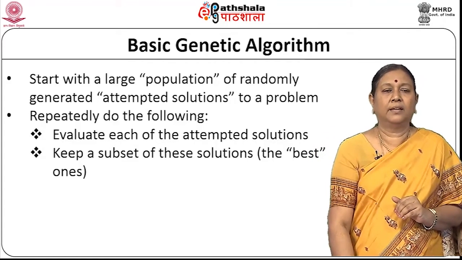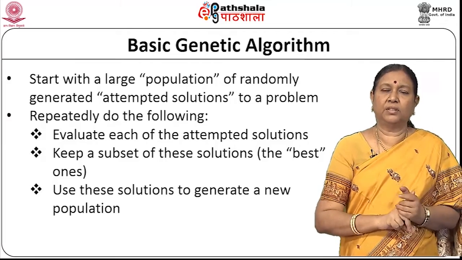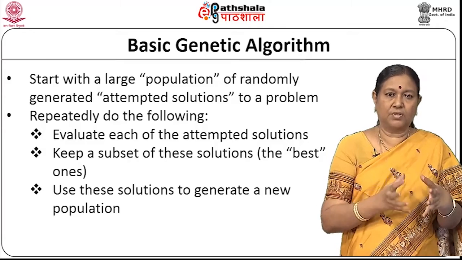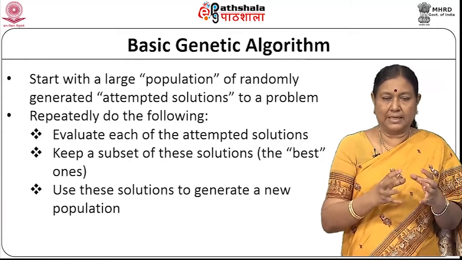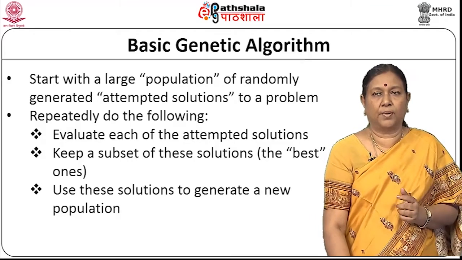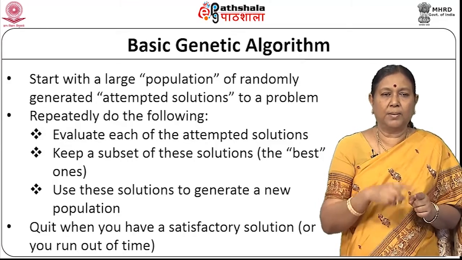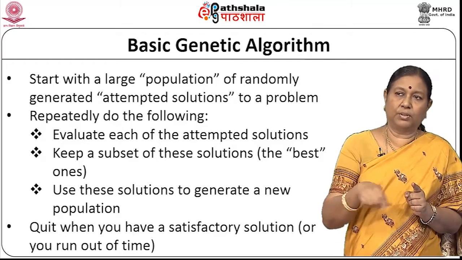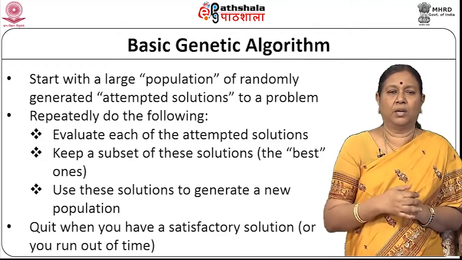Okay. Then what you do? You use these solutions to generate a new population. Okay. So, from the attempted solutions you evaluate it, keep a set, and from that use these ones to generate a new population, and you keep doing this again and again. So, now you have a population, evaluate it, select it, do the modification, create new ones and go on.